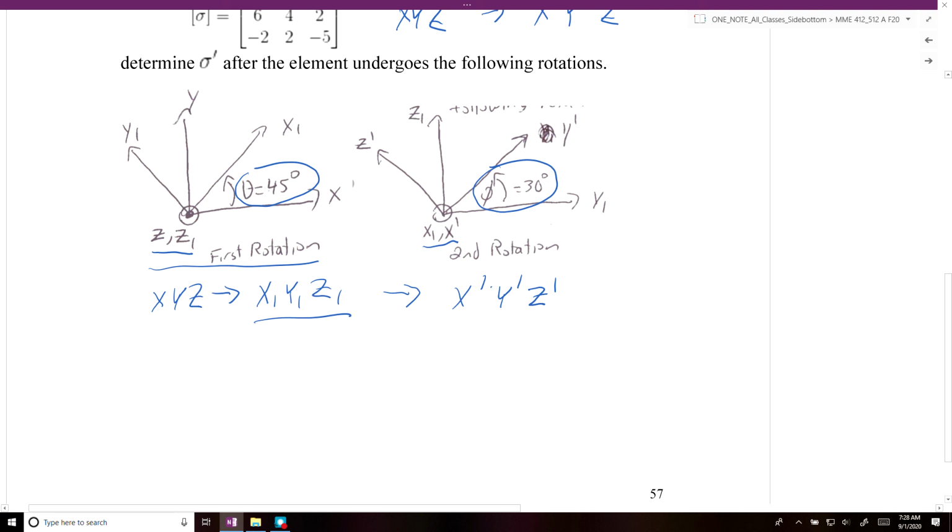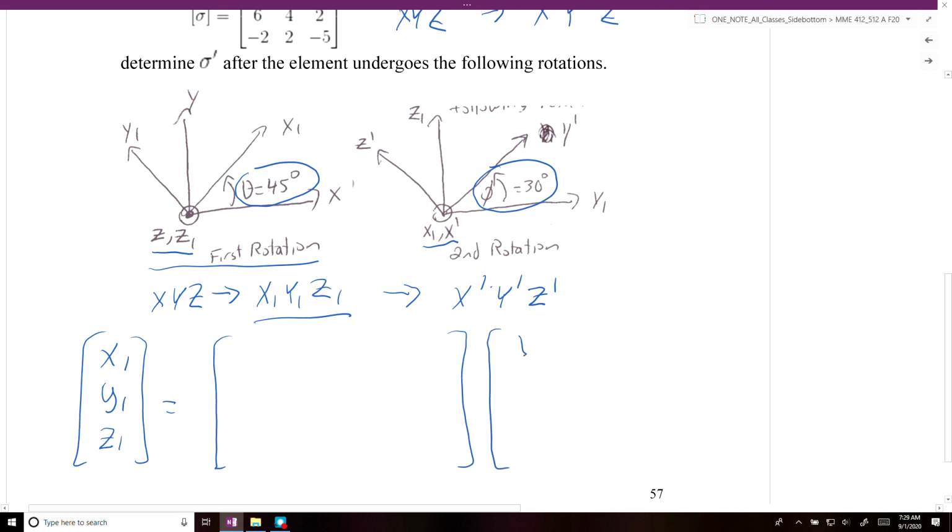If you recall, our transformation matrix is going to be equal to... so we'll do our first rotation. x1, y1, and z1 is going to be equal to the projection from the original x, y, and z axis.